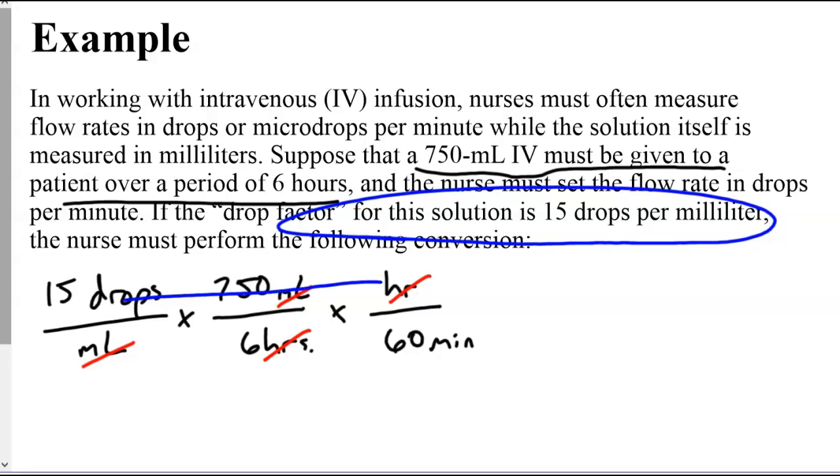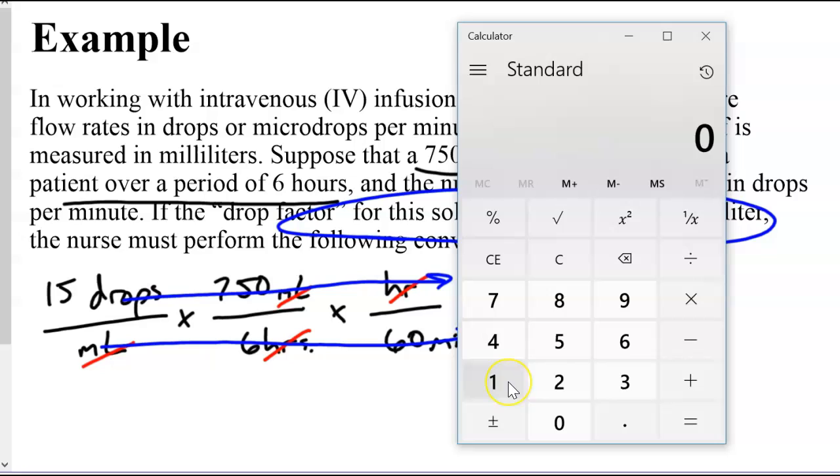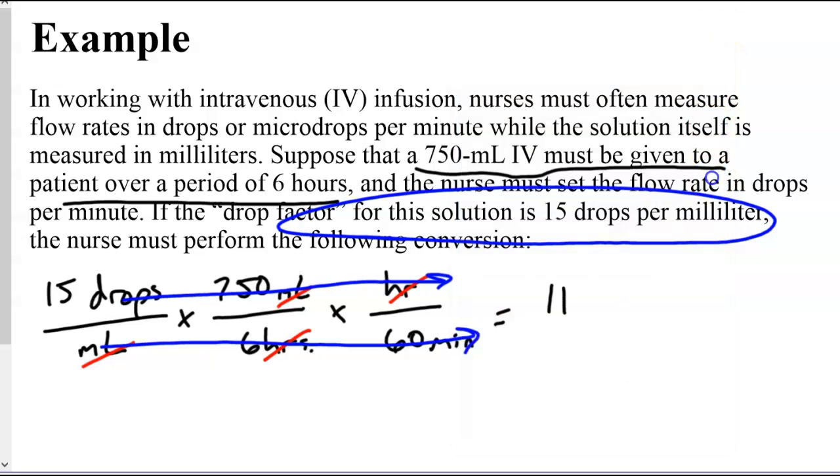So let's go ahead then and multiply across both of these, and we're going to end up with 15 times 750. And that's 11,250 over 6 hours times 60, so that's 360.